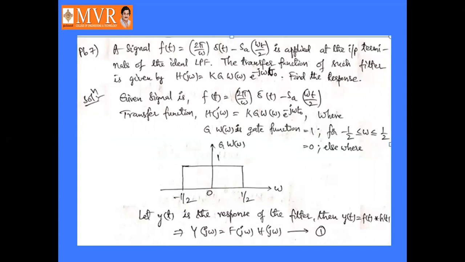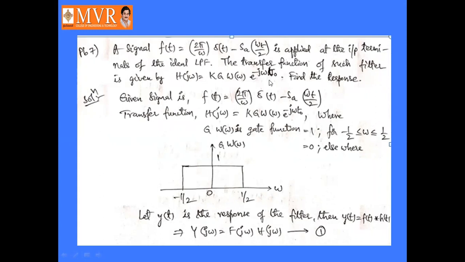If you see the next problem, a signal f of t is equal to 2 pi by omega into delta of t minus sa into omega t by 2, applied at the input terminals of the ideal LPF. LPF means low pass filter. The transfer function of such a filter is given by H of j omega is equal to K into g into w of omega into e power minus j omega t naught.